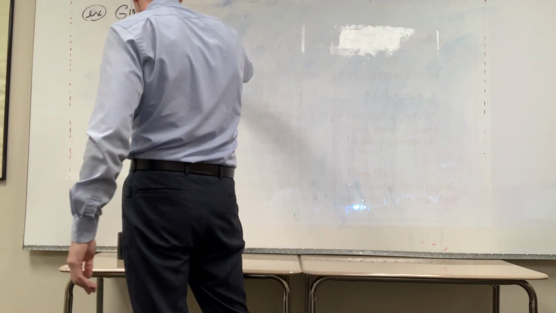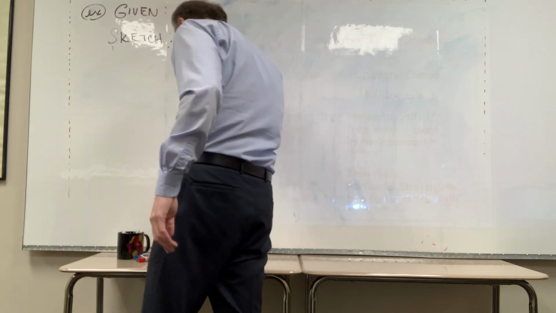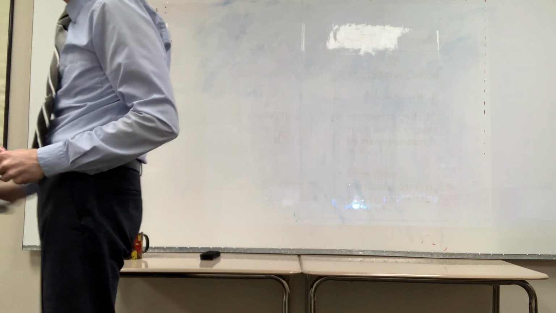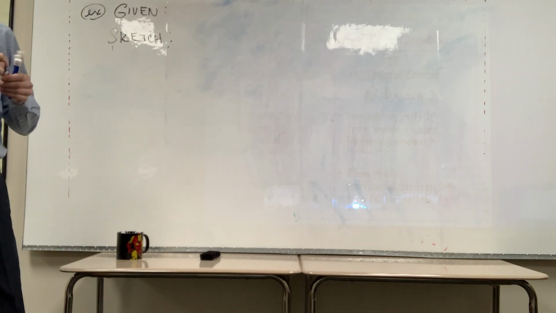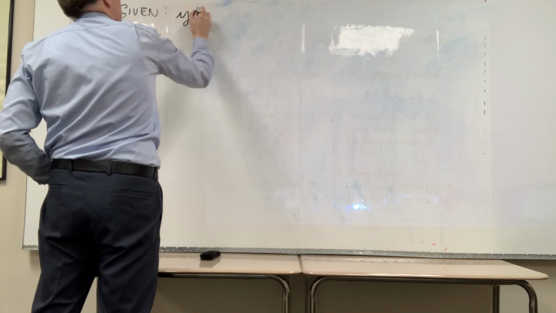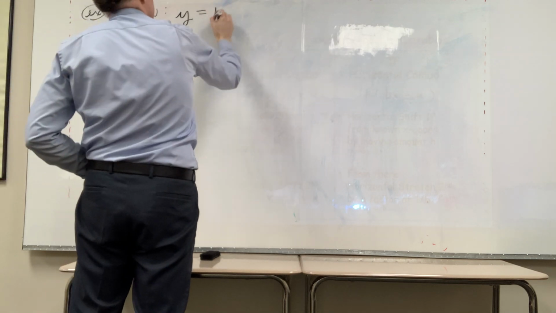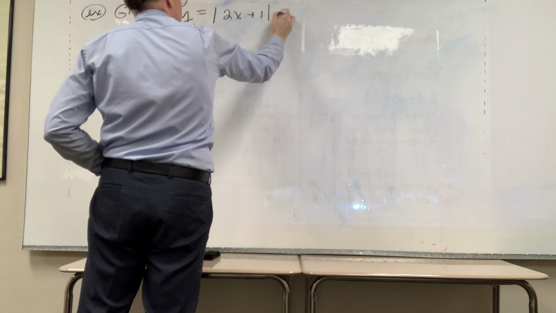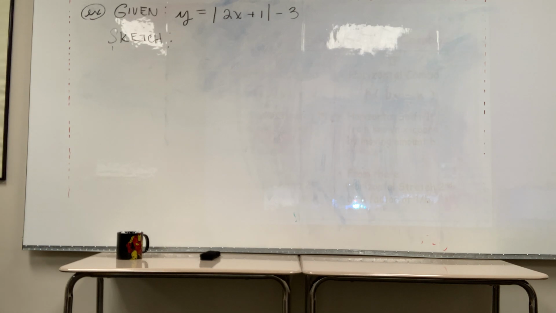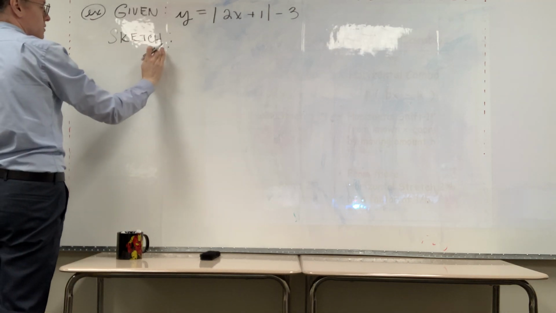V shape, it's not even curved, right? Let's say hypothetically that we had this version of a transformation. We were given y equals, I'm going to skip straight to the gist of it here, 2x plus 1 minus 3. And we're going to sketch the transformation.